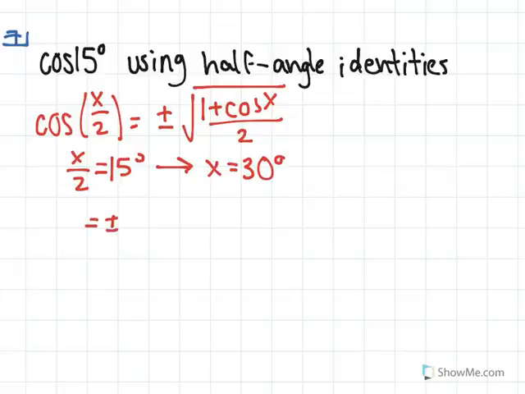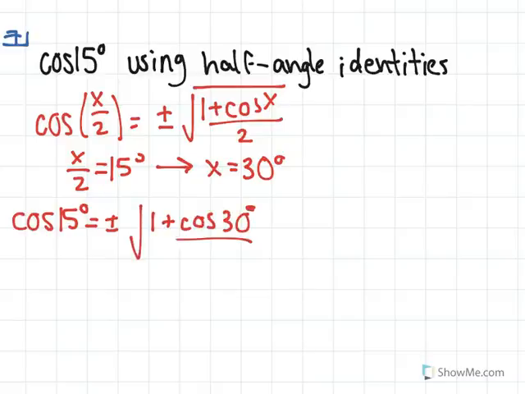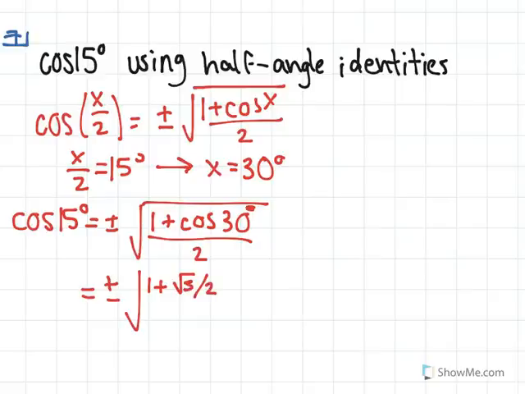So we know that cosine of 15 degrees is equal to the square root of 1 plus cosine of 30 degrees divided by 2. That would be positive or negative square root of 1 plus root 3 over 2 divided by 2. We've got some simplification we can do there.